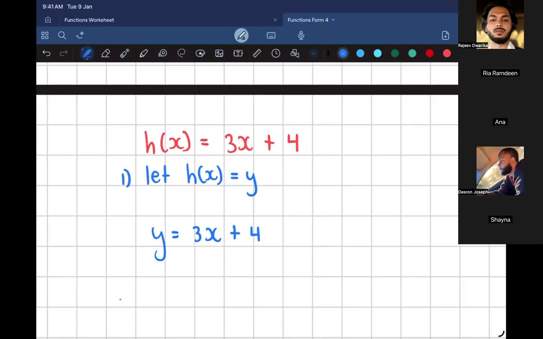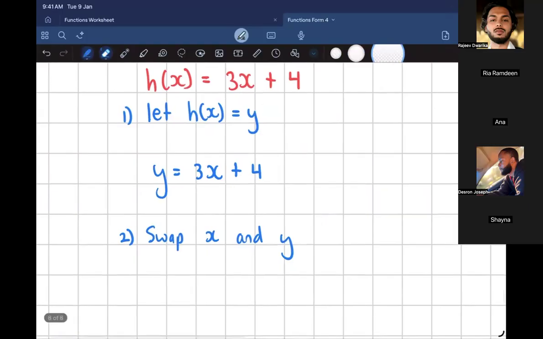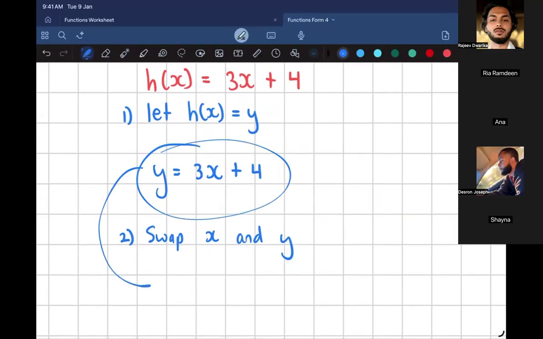The next step, you want to swap x and y. So if I swap x and y, anywhere I have y, write x. Anywhere I have x, write y. So Ria, if I replace y with x and x with y, tell me what I should write over here.